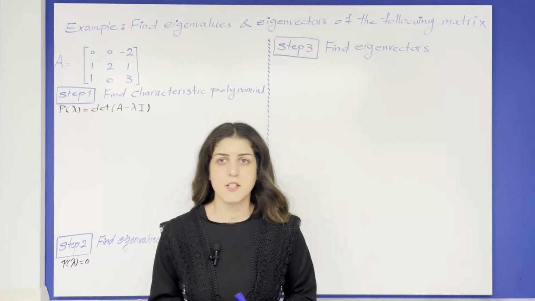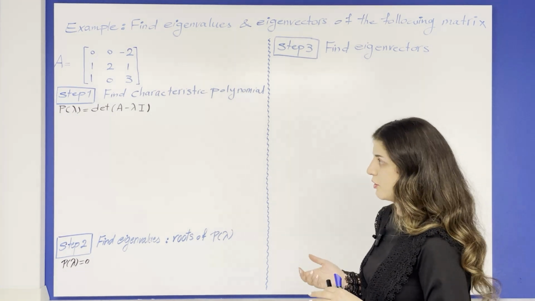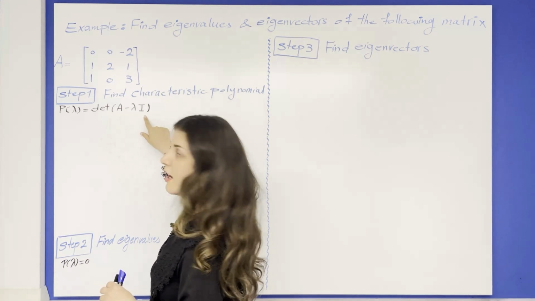All right, let's start with step one for this matrix. I want to find the characteristic polynomial, so I need to form the determinant of A minus lambda times identity.